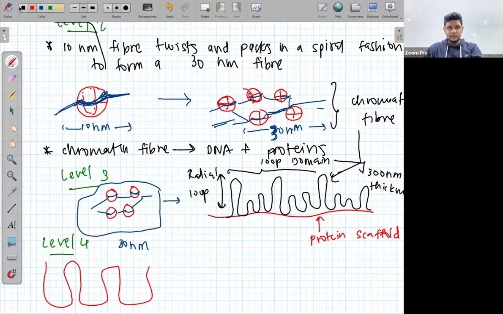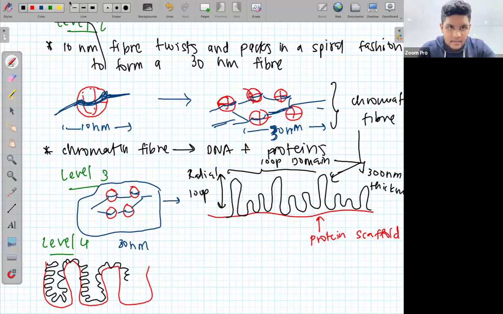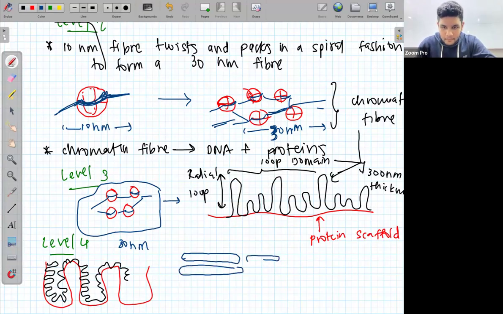And then, as we studied in level 3, the loops of chromatin fiber, the loop domains, will be in this manner. And here they are resembling the chromosome. The mitotic chromosome will be formed, right?